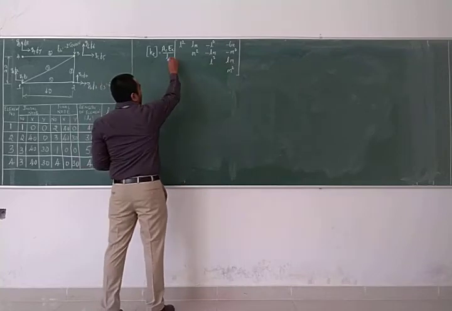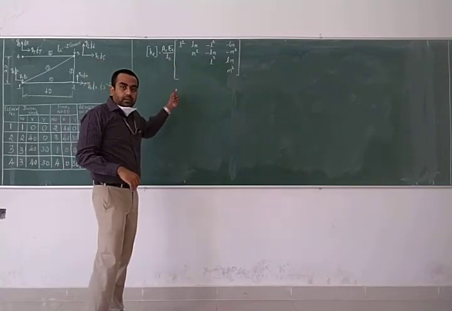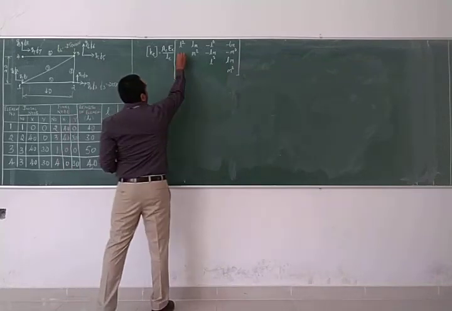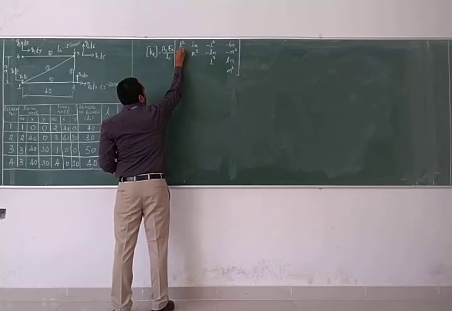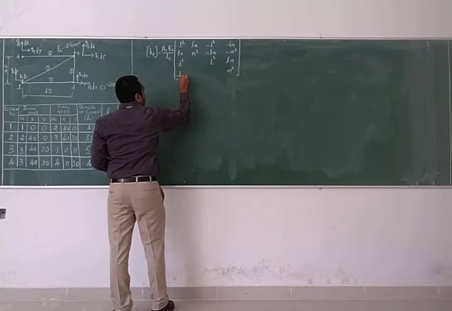now we will write, since the stiffness matrix is symmetric, we will fill the elements for the lower half. I will convert the first row into first column: L square, Lm, minus L square, minus Lm.